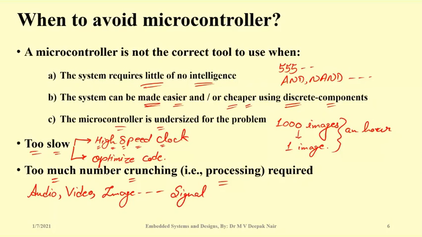Whenever you have a task where you need the solution in a very short time period, and you have to take lots and lots of data to get to it, always avoid microcontrollers, because they are not that fast.